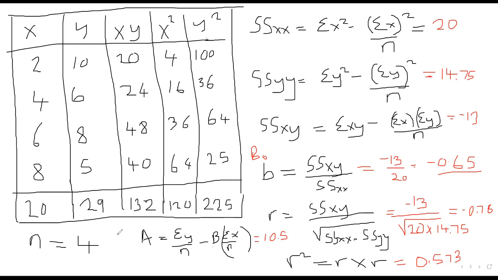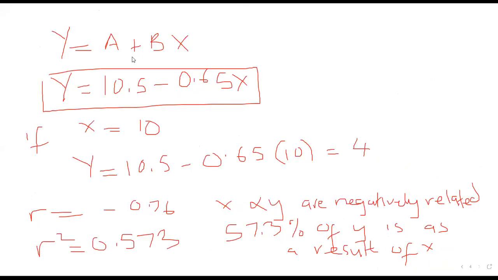Then summation of x was 20 over 4. The answer you're getting is 10.5. So these two make what we call the regression equation. Where there is a, you put 10.5, where there is b, minus 0.65. So you're done with the prediction equation.